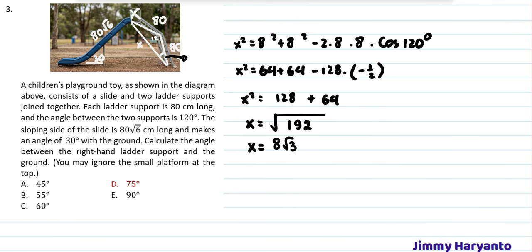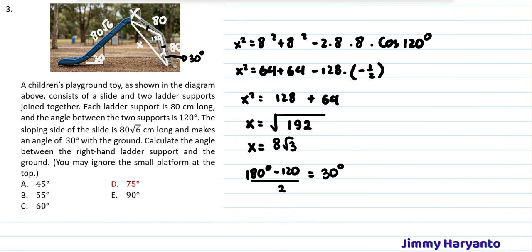Because this one is 80, this one is 80, that means the triangle is isosceles. Because the triangle is isosceles, you can subtract 120 from 180 and then divide by 2. You will have 60 divided by 2, that means 30. So we already have this, it's 30 degrees. And we also have x, which is 8 square root of 3. Next we'll move to this triangle.